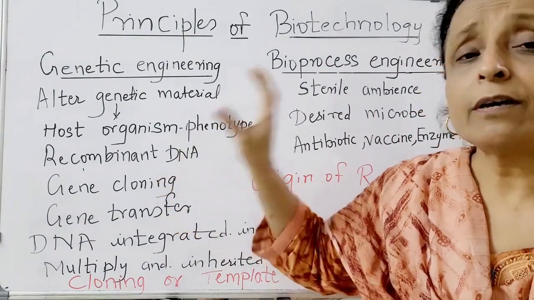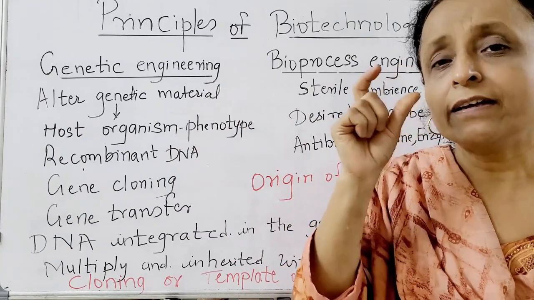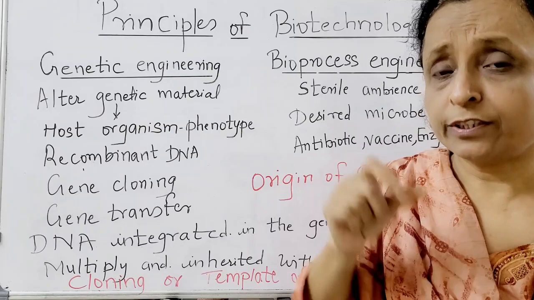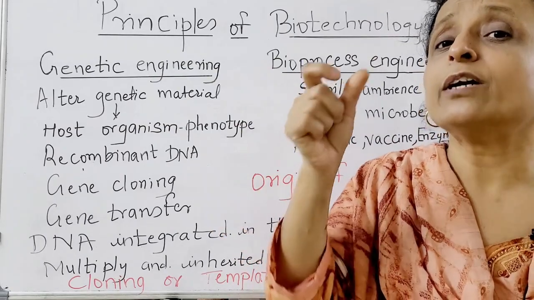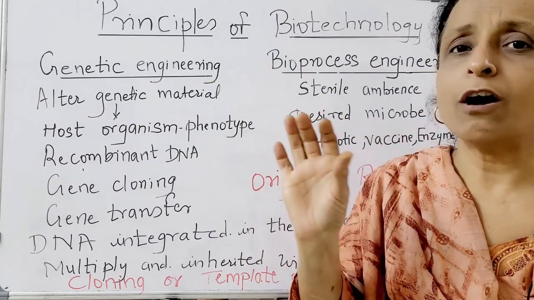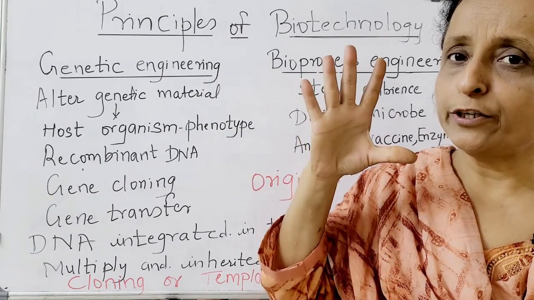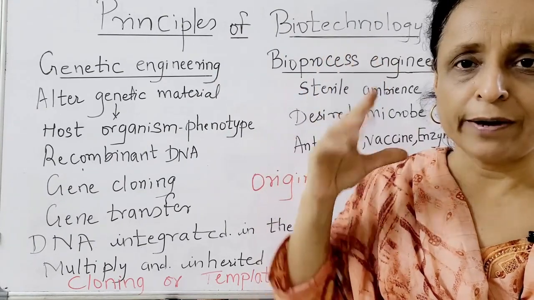Now, supposing you take a DNA and introduce it into a cell, it is not going to multiply. It is just going to die in the new cell, in the new environment.